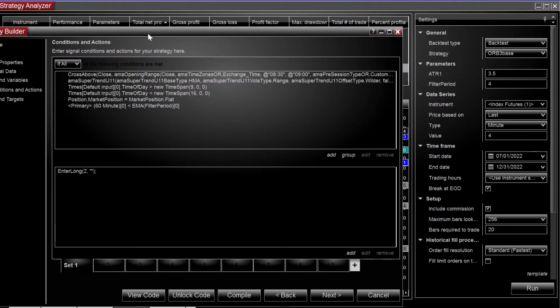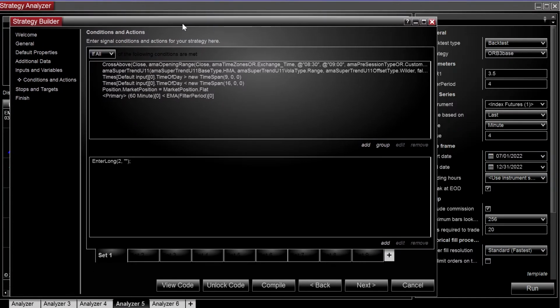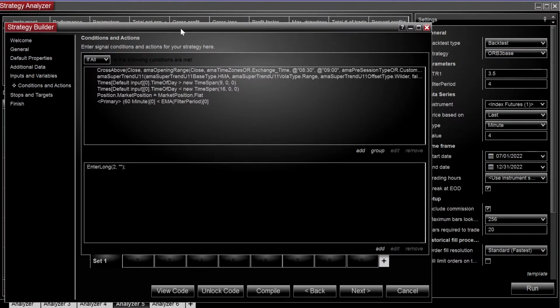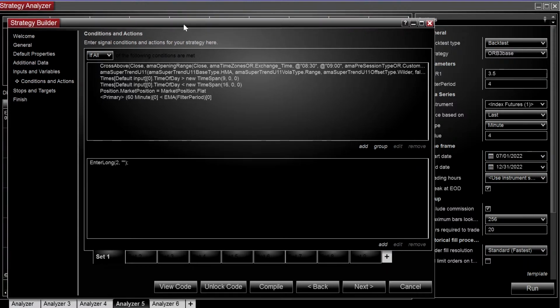And so first we've got to figure out what might be the better ATR value given certain periods of volatility.